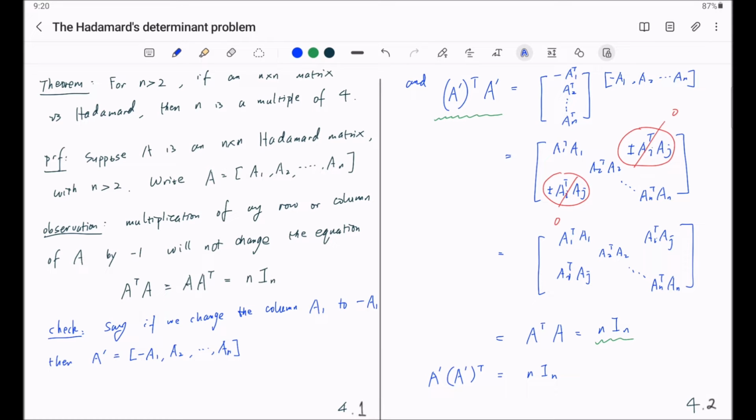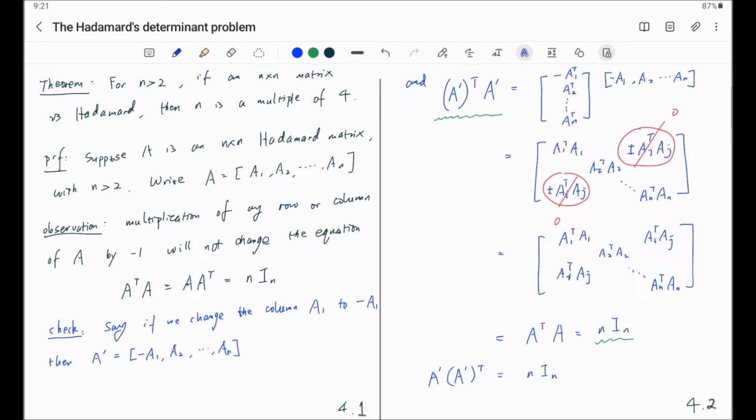So if you flip them, you get the same thing. You can also check the situation when you change a row to the negation of that row, and the argument is the same. So that verifies this observation.